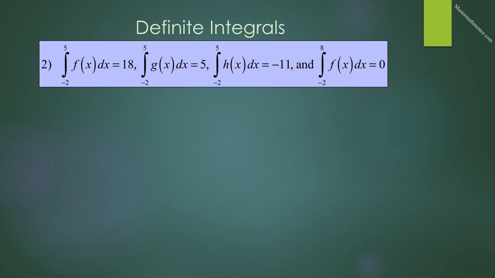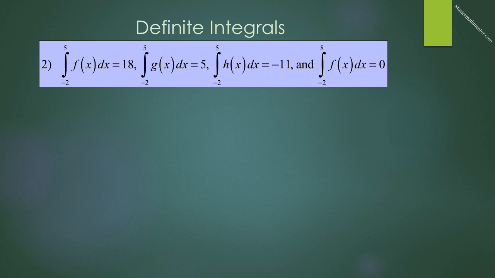Remember that an integral represents an area under the curve. So when we're saying that the integral from negative 2 to 5 of f of x dx is equal to 18, and that is a positive number, it does not mean that the function is completely above the x-axis between negative 2 and 5. Indeed, it may dip below the x-axis for a good part of that interval.